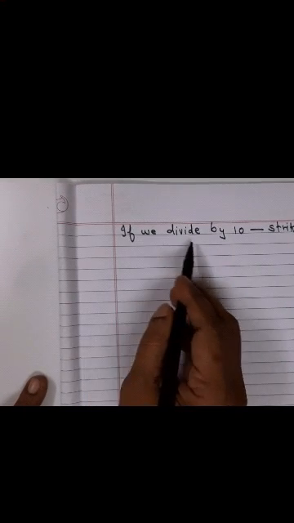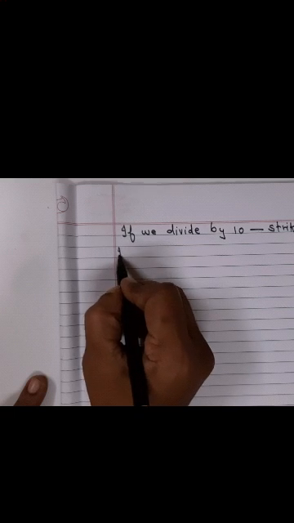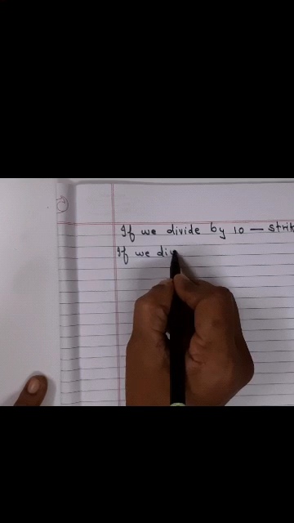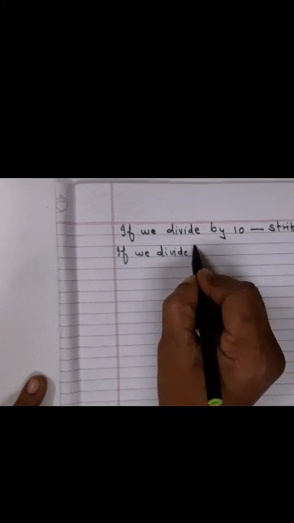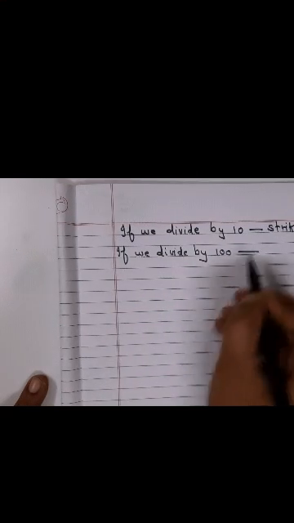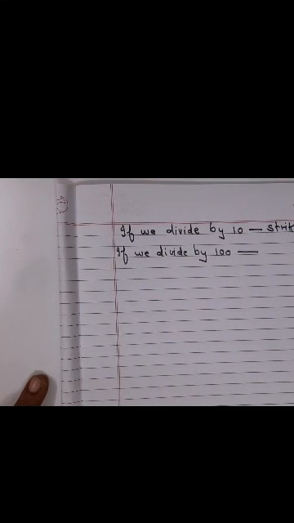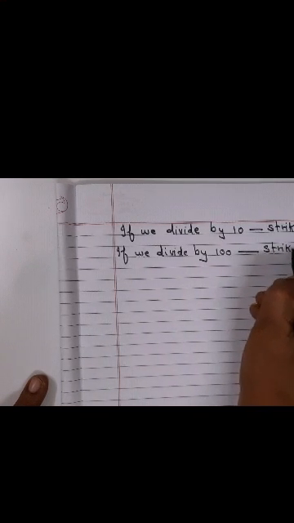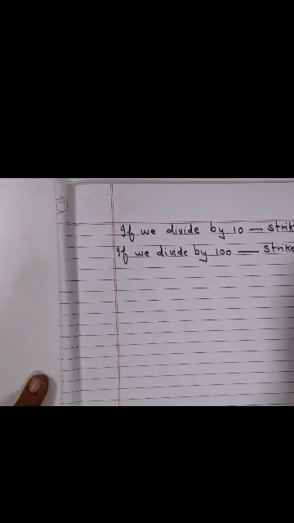Okay, now if we divide by 100, you're going to strike 2 zeros.